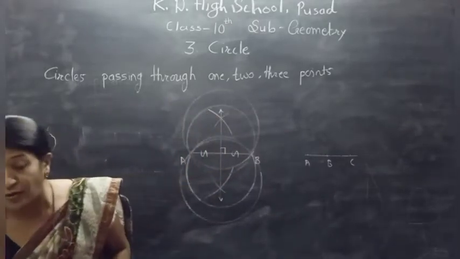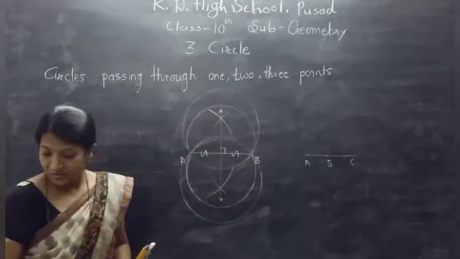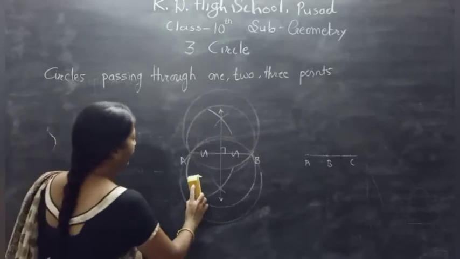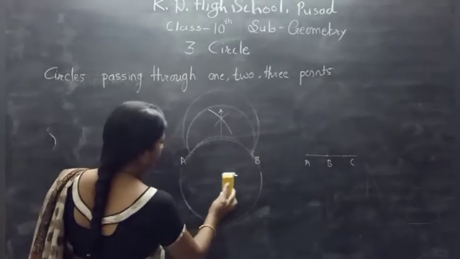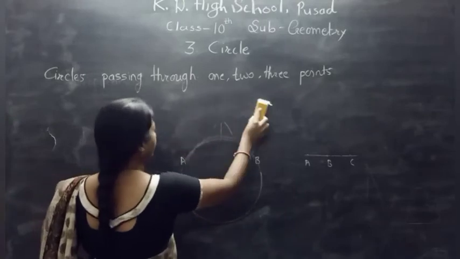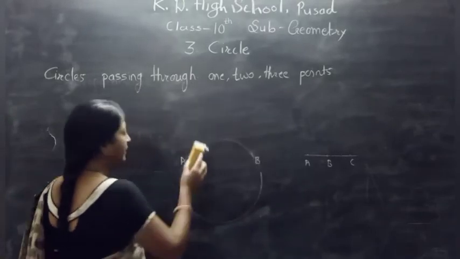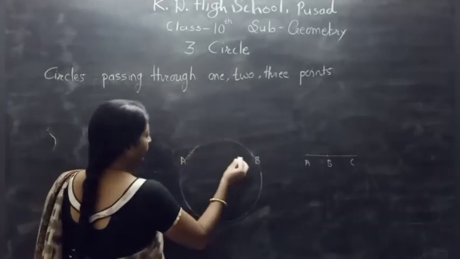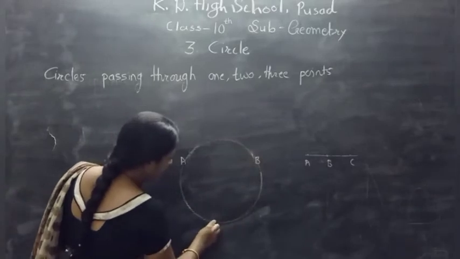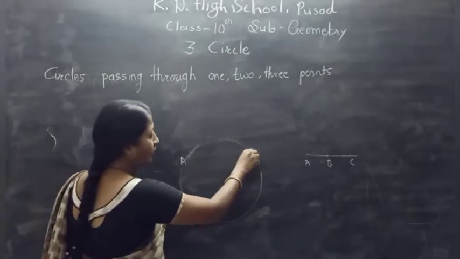Now if they are non-collinear points, we clean this part first and then we continue. Point A, point B and point C. So these are the 3 points which are non-collinear.